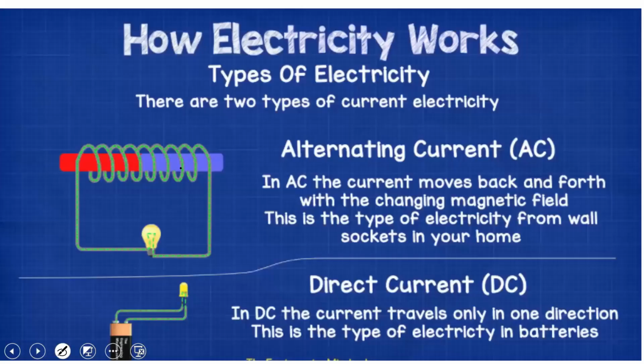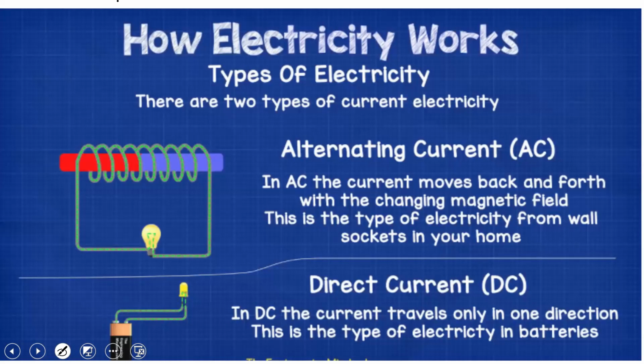So let's now revise the types of electric current. As I told you, we have alternating and direct current. In alternating current, or AC, the current moves back and forth.